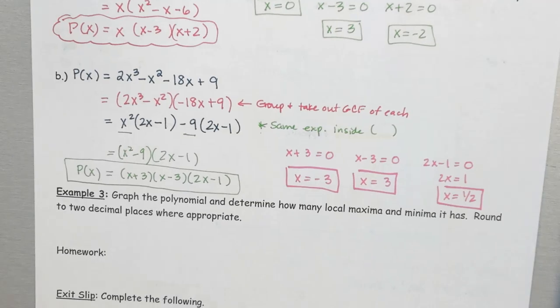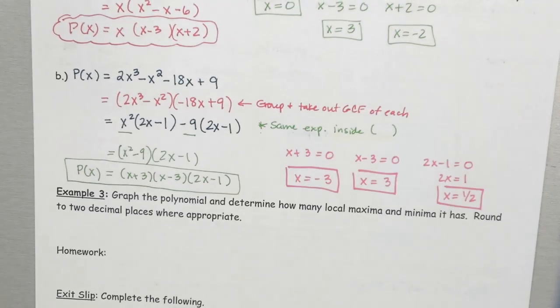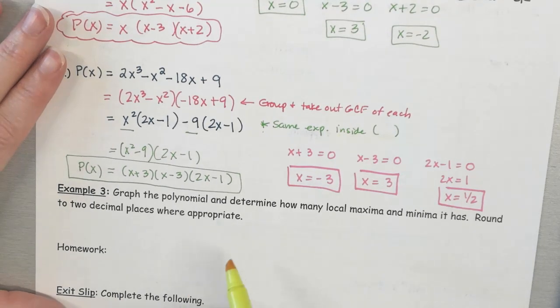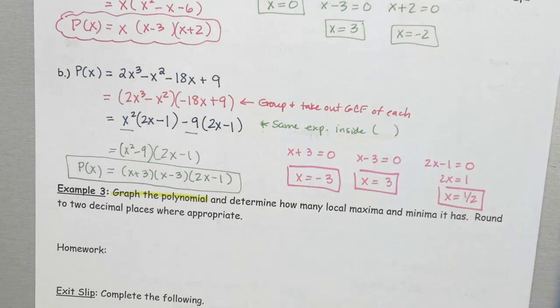Okay, so for example 3, we are going to use our graphing calculator. We're going to graph the polynomial and determine how many local maxima and minima it has, and then round to decimal places where appropriate.